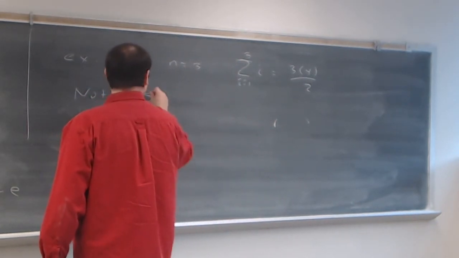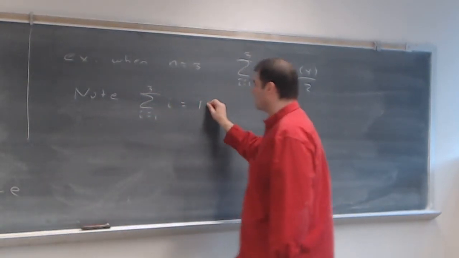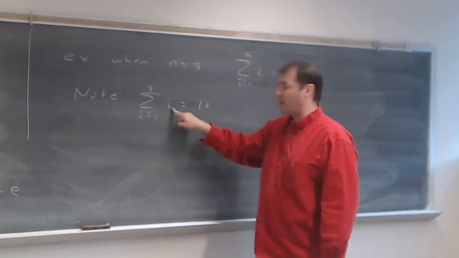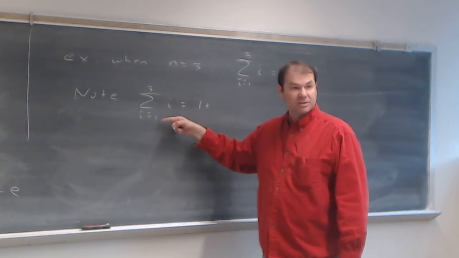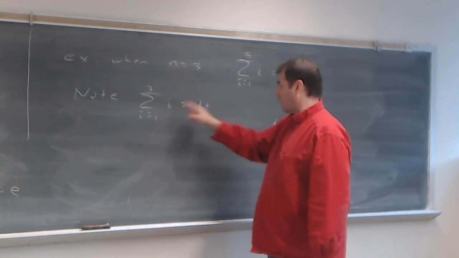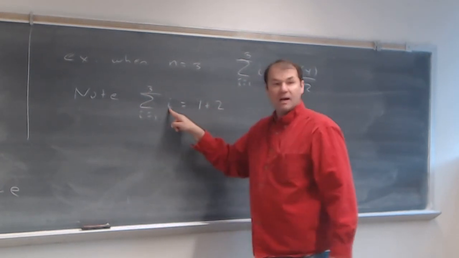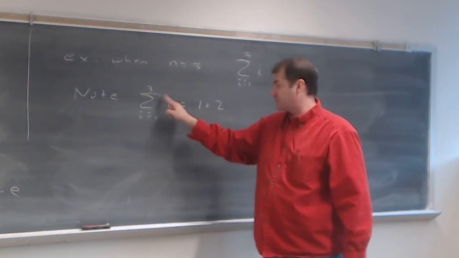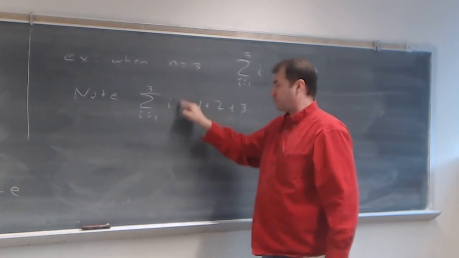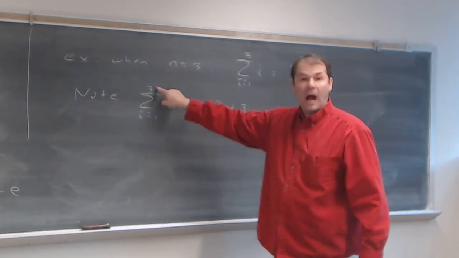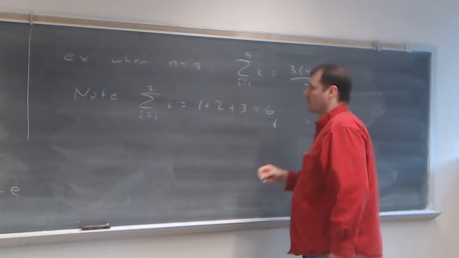The sum as i runs from 1 to 3 of i is equal to 1 plus, so when i is equal to 1, I just get 1. Then you let i be the next number, which is 2. Sum means add, so 2. Then I add whatever occurs next for this formula. When i is equal to 3, we get out 3, and that's where I stop. So this is 6.